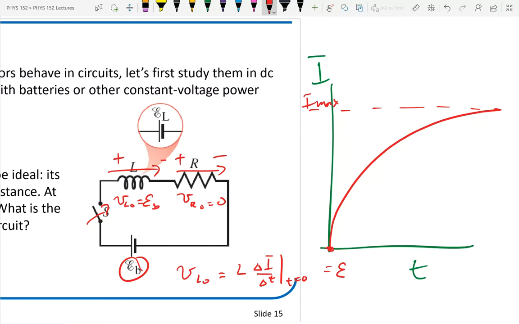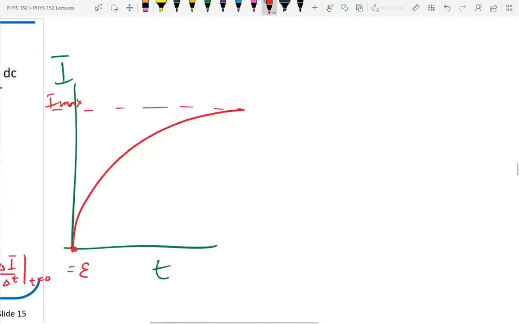So I can calculate what the rate of change of the current will be initially. The change in current over change in time initially is equal to the EMF over L. And then over time, it's going to drop. Well, guess what? You use calculus to solve this problem. And it's not that hard to do the calculus. But what we get is exactly the same set of equations we got before.